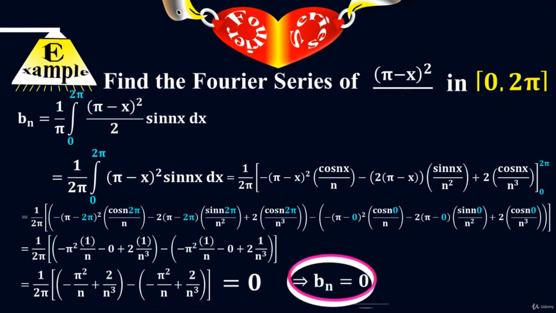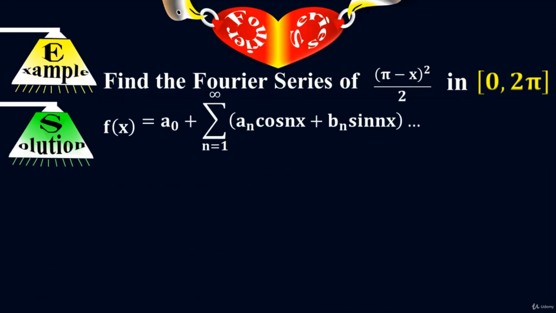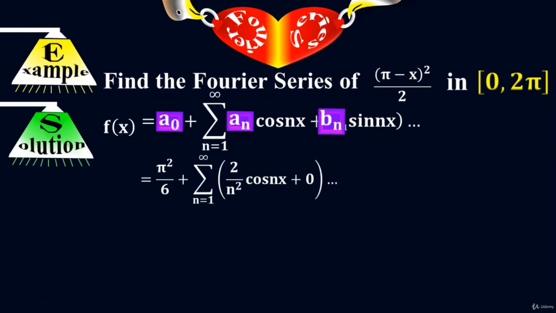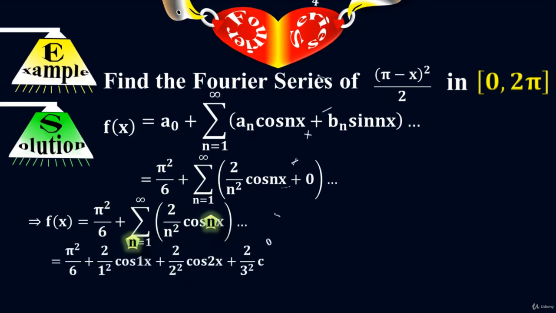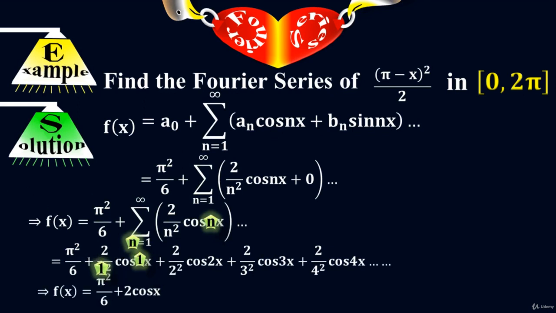Now substitute the values of a sub naught, a sub n and b sub n in this formula here. These are the values of a sub naught and a sub n. B sub n is 0 here. Simplify the equation further. I'm going to put some values for n. If I put n equals 1, this term is plus 2 cos x. Put n equals 2, this term will be plus 1 over 2 times cos 2x.